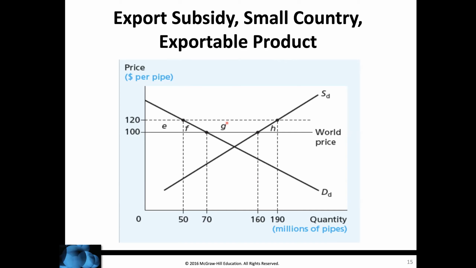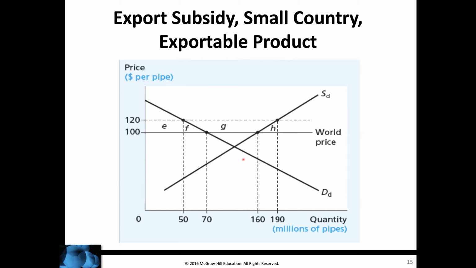So if the country instead offers an export subsidy of $20 per unit exported, there's that $20 per unit exported, revenue per unit exported rises to $120. So then production will slide up to here at $120. Consumption or demand in the domestic market will decrease because of the increase in price.